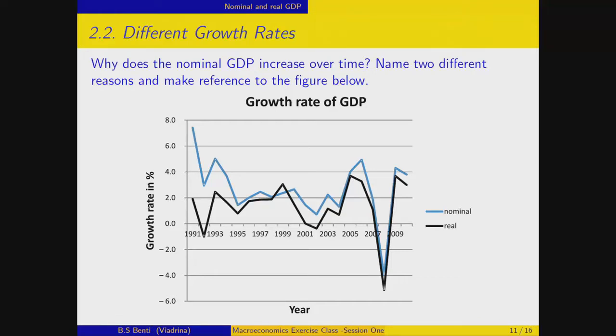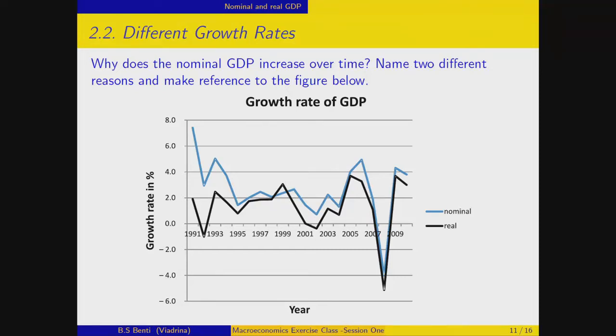Problem number 2.2 is regarding the different growth rates of nominal and real GDP. The question says, why does the nominal GDP increase over time? Name 2 different reasons and make reference to the figure below. As you can see from this figure, the blue line represents the nominal GDP growth rate.